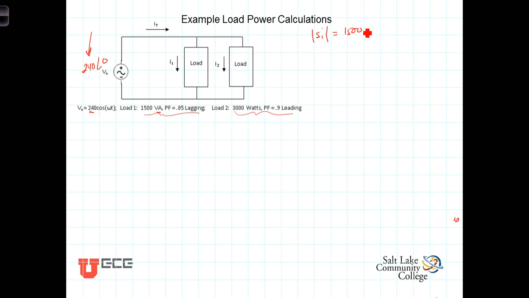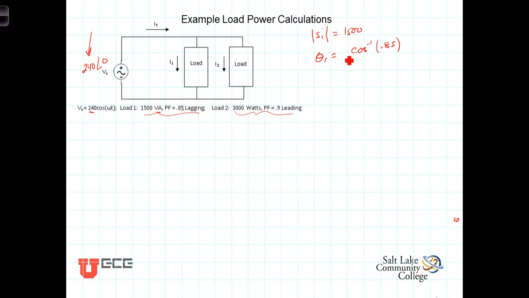We're told that the power factor associated with load 1 is 0.85 lagging. Well, power factor is equal to the cosine of the angle. Therefore, the angle or the phase of load 1 is equal to the arc cosine of the power factor, or the arc cosine of 0.85.